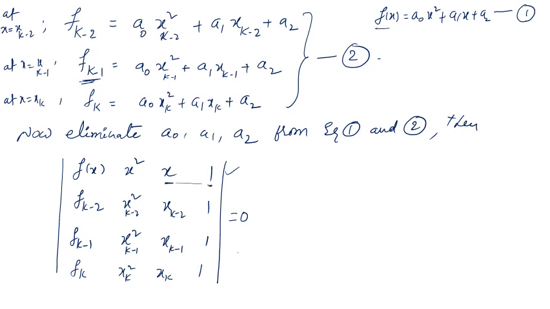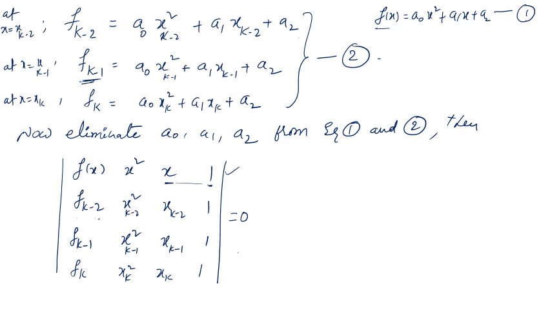Similarly, in equation 2, the first expression has left side fk minus 2. Next, the a0 coefficient is xk minus 2 square, the a1 coefficient is xk minus 2, and the a2 coefficient is 1. Similarly for the other two expressions.